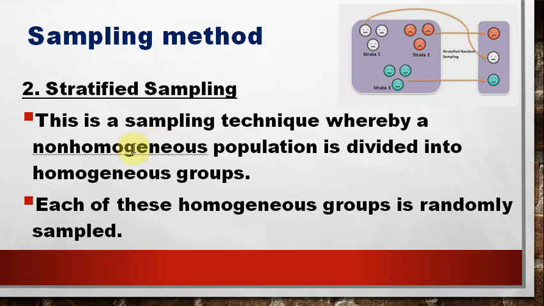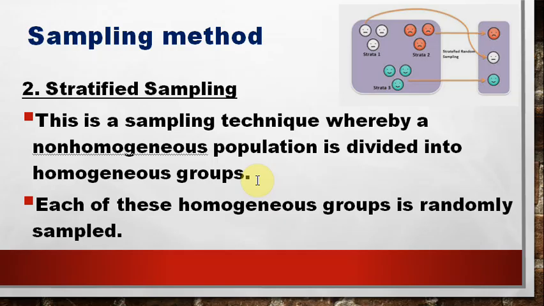So a group that is heterogeneous, you divide it into homogeneous groups. Let's keep it simple. You are studying workers in a particular institution, and you decide to separate them between male and female. So male becomes a homogeneous group, and female becomes another homogeneous group.